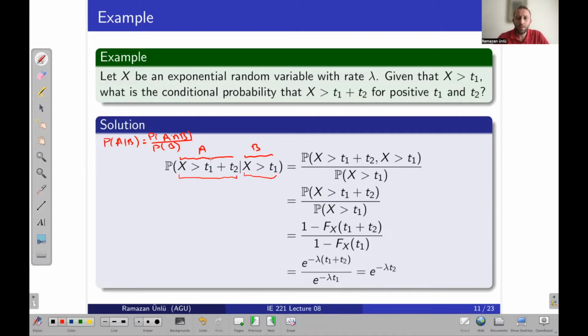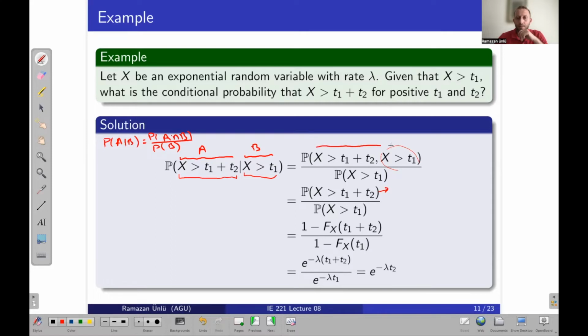So the condition that satisfies the intersection of these two events is simply the first event, the probability of X greater than t1 plus t2. Why? Because if this happened, that has already happened. The happening of this event will satisfy the happening of the other event.